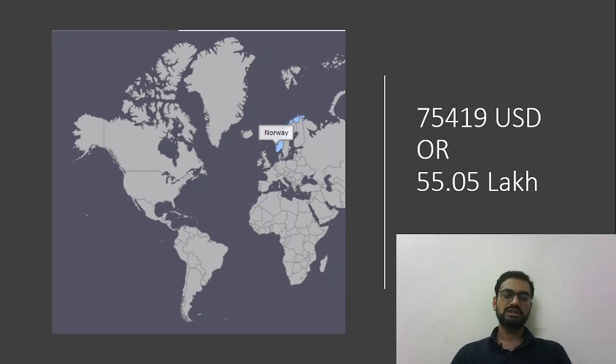So the Scandinavian countries, be it human development index or happiness index, health parameters, they always top the chart, and this is one of the reasons that they have per capita income as well going up. So very good country to live in and maintain a higher standard of living on good amount, right?